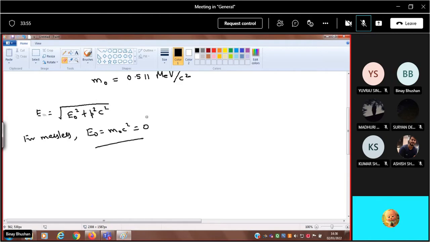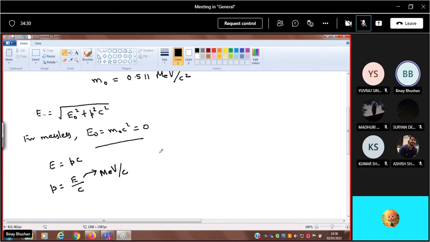So for a massless particle, E naught is 0, so E is equal to Pc. So you can see here one can write momentum as energy by c. So in terms of unit, I can write momentum as mega electron volt by c. E will be represented in terms of electron volt, mega electron volt or giga electron volt.